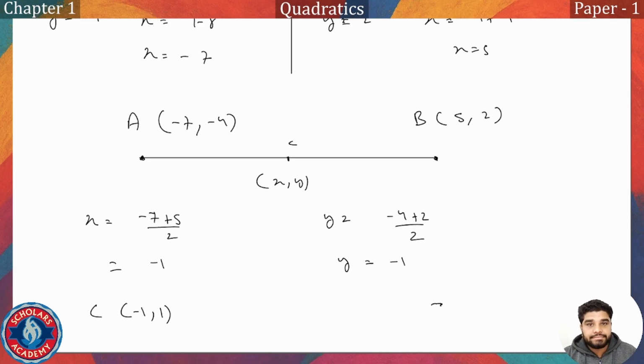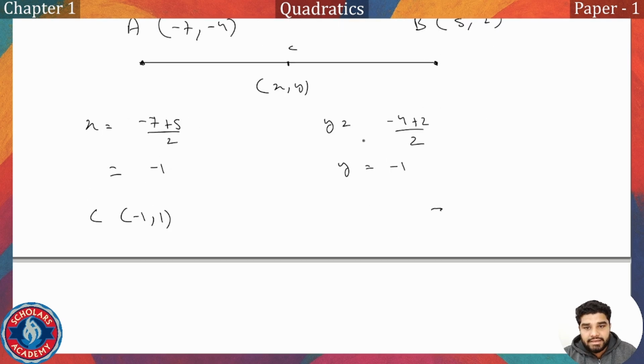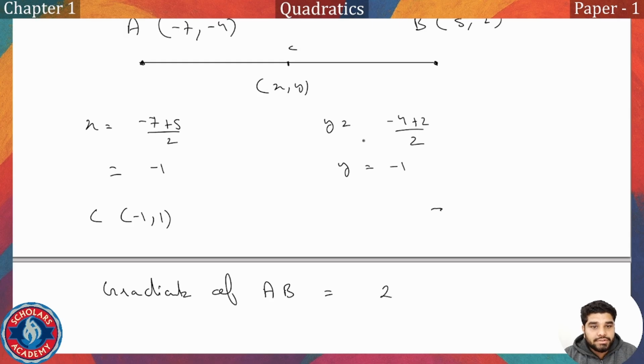And gradient, so gradient of AB is equal to y2 minus y1, so 2 minus of -4, over x2 minus x1, 5 minus of -7.